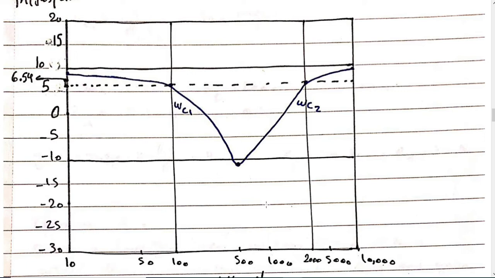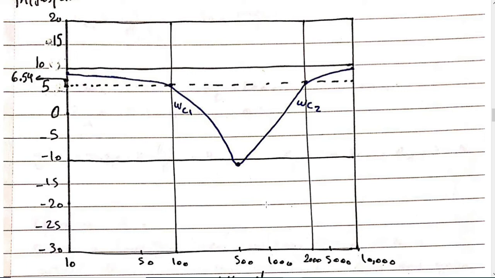Yes, because this is a band reject filter and the low pass filter is responsible for generating the lower cutoff frequency. So for the exam, make sure that your answer is correct. Don't use RH and CH. Use omega C1 equal to 1 over CL RL. But if it was a band pass filter, omega C1 would be 1 over RHCH.